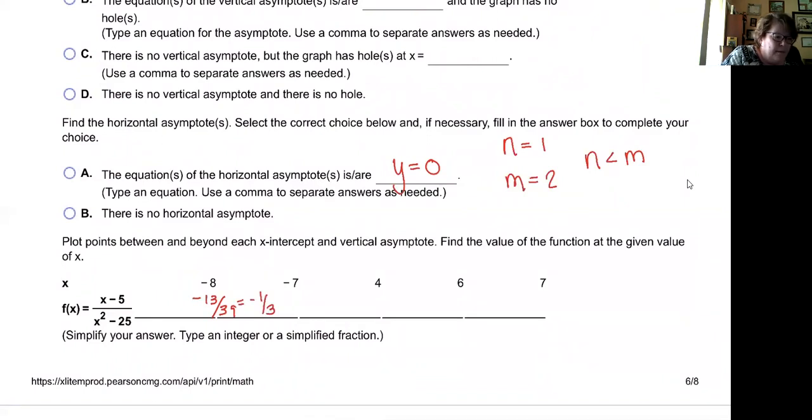At -7, I believe this is -1/2. Or it's 1/9, 1/11, and 1/12 is what I calculated. And I highly recommend you just take your calculator out and practice this. You should be able to evaluate a function at a value using your calculator.